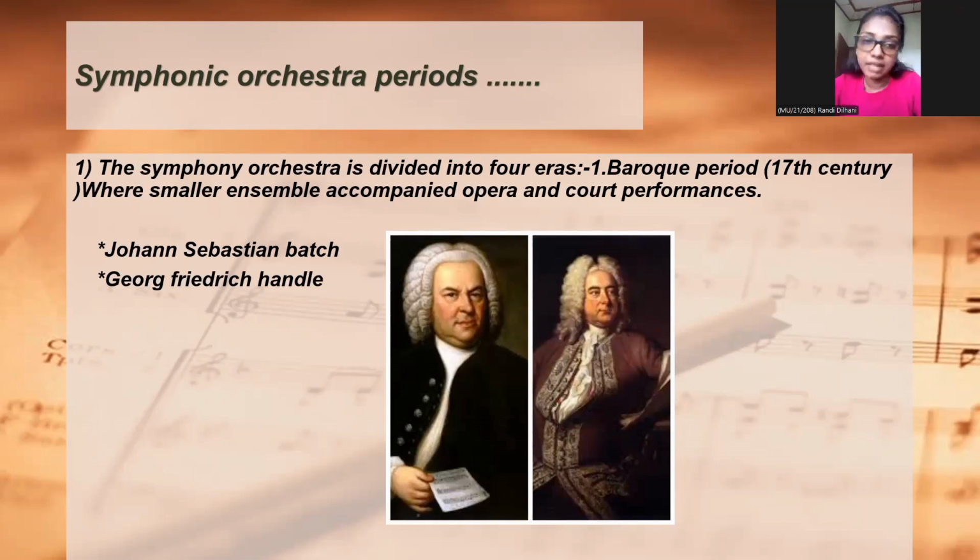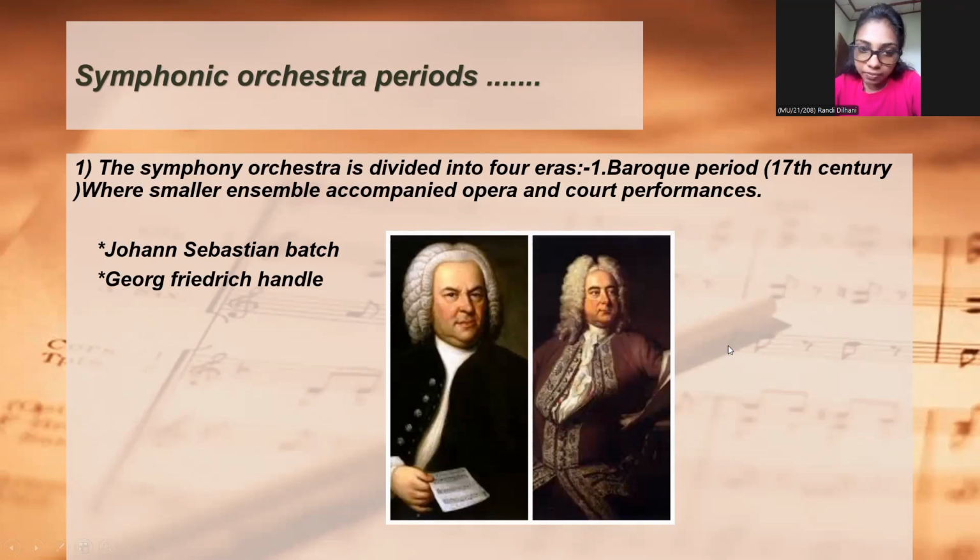21-208. I am going to talk now about the history and musicians of the symphony orchestra. The symphony orchestra has its origins in the early Baroque period, where smaller ensembles accompanied opera and court performances.